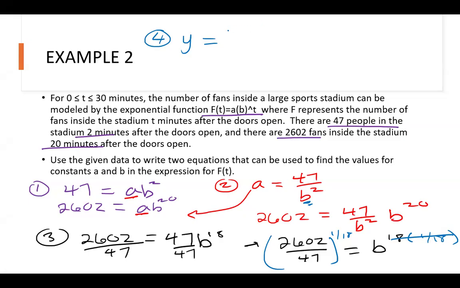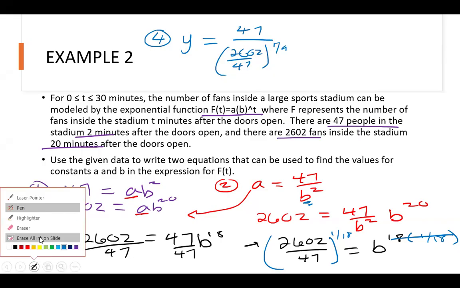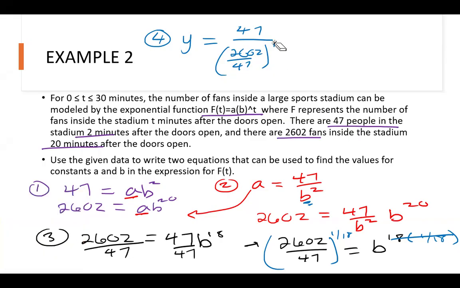Now, when I do that, I want you to notice what I'm going to do here. So I have 47 over 2,602 over 47 to the 1/9. That looks a little weird. Why did I write to the 1/9?